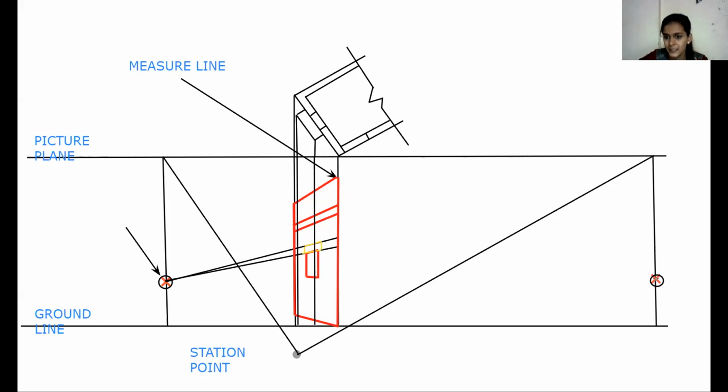You don't just need to connect it, you need to extend it. So suppose this is the lower point, the line does not end here, you need to extend it up to where? Up to that vertical line of our front chhajja point. Similarly I'm going to connect the top point of the yellow rectangle with the right vanishing point, and I'm not going to stop here.